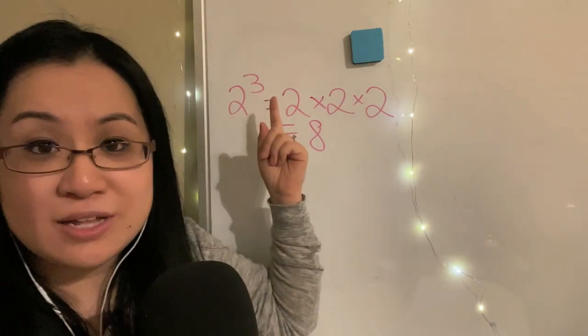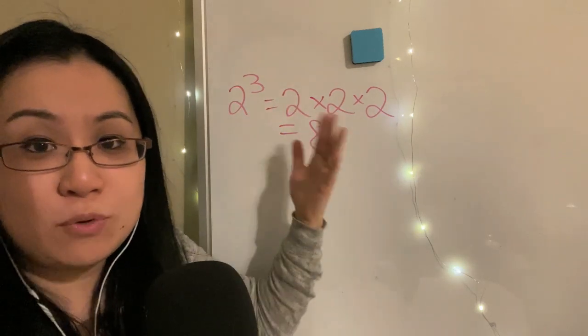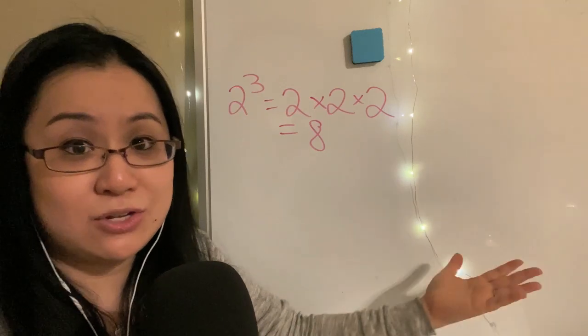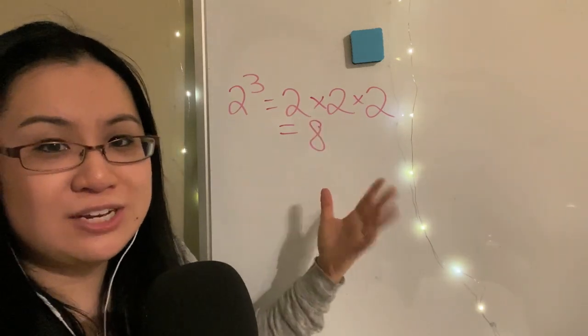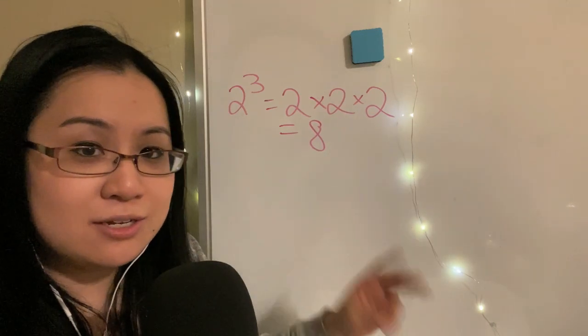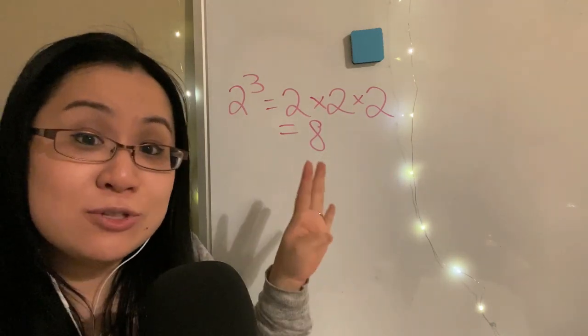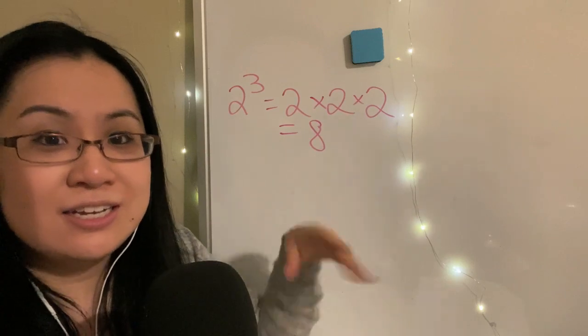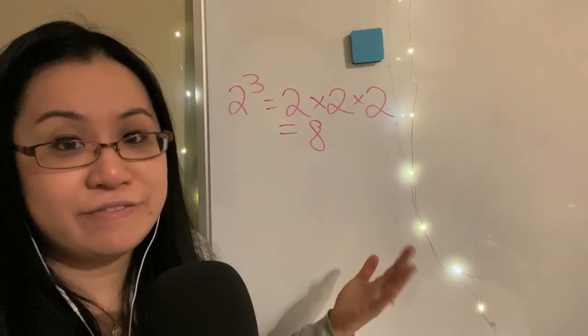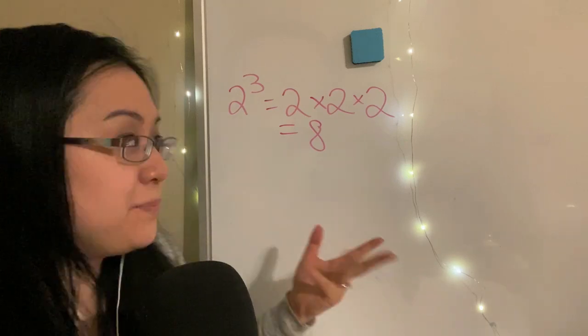So this can apply for 4, 5, 6, 10. Of course, it gets very, very large. So 3 to the 10th power would be 3 times 3 times 3 times 3 times 3, 6, 7, 8, 9, 10 times. That would be a very large number.